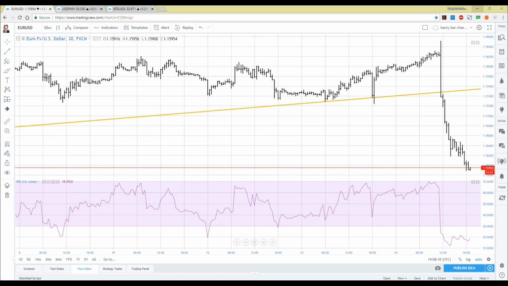RSI is placed underneath the price chart, not on the price chart. We can see that there is an area filled in here. We look over here, we can see a 50 line, a 100 line, and a 0 line. We see 10, 20, 30, 40, 50, 60, 70, and so forth.